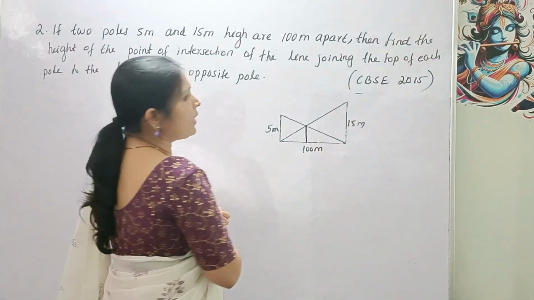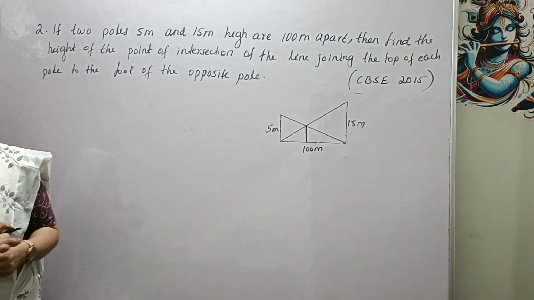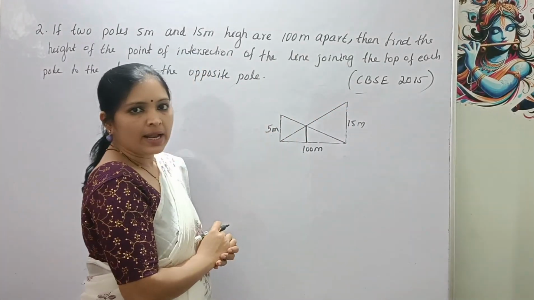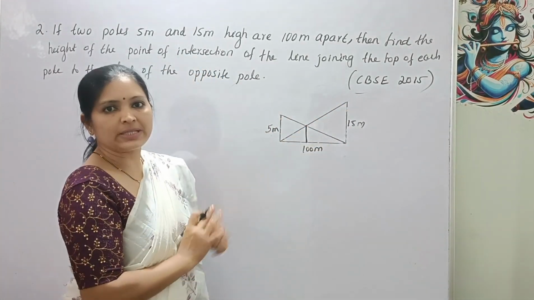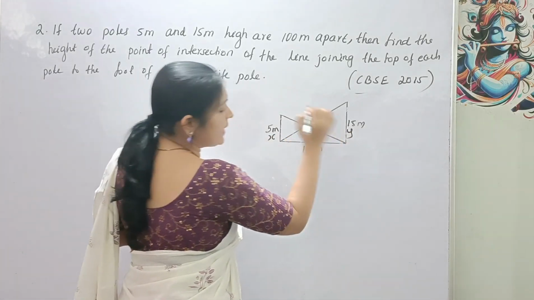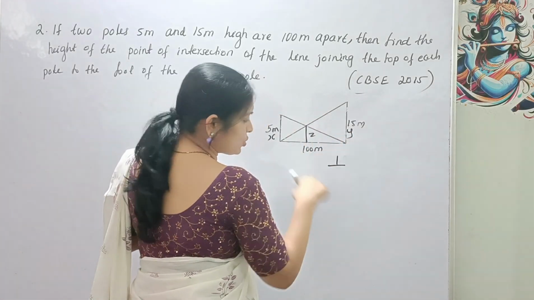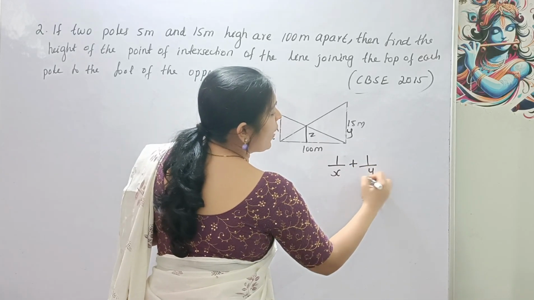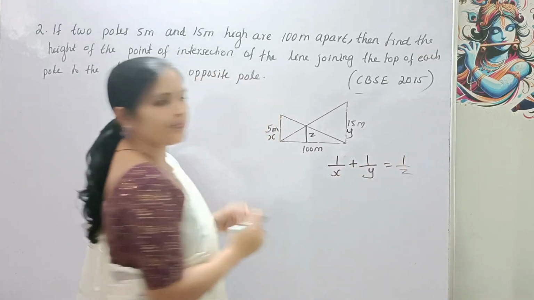Okay, see here, in the last class we solved a problem: if these three lines are parallel and perpendicular to this line, and if they are x, y, z, then we have 1 by x plus 1 by y is equal to 1 by z.